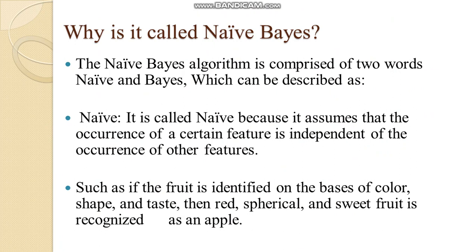Why is it called Naive Bayes? The Naive Bayes algorithm is comprised of two words, Naive and Bayes. It is called Naive because it assumes that the occurrence of a certain feature is independent of the occurrence of other features, such as if the fruit is identified on the basis of color, shape, and taste, then red, spherical, and sweet fruit is recognized as an apple.